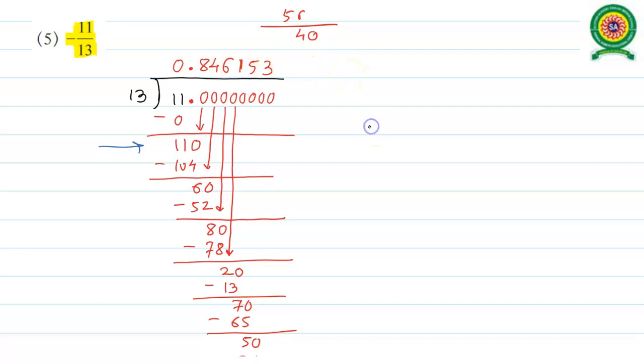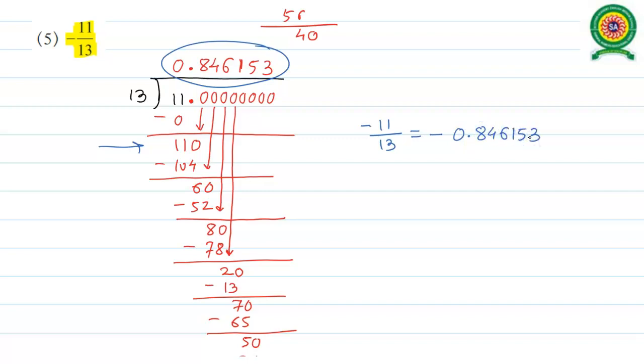Now we write the decimal conversion of minus 11 divided by 13. Keep the minus sign as it is. For 11 by 13, the quotient is our answer: 0.846153.